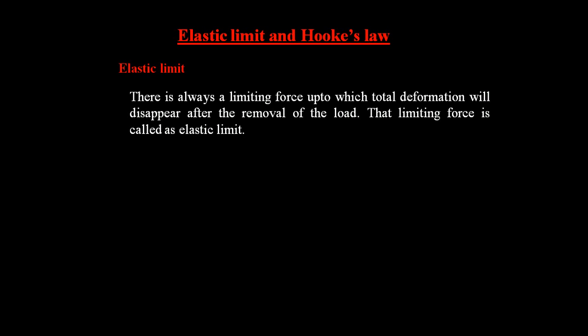So up to a certain limit of the force that we apply, the body can regain its original shape after the removal of that force. That limiting force is called your elastic limit. So within that elastic limit, after the removal of the load, the body regains its original shape. That means the body acts as an elastic body. Beyond that value, the body becomes plastic. That limiting position is called the elastic limit.